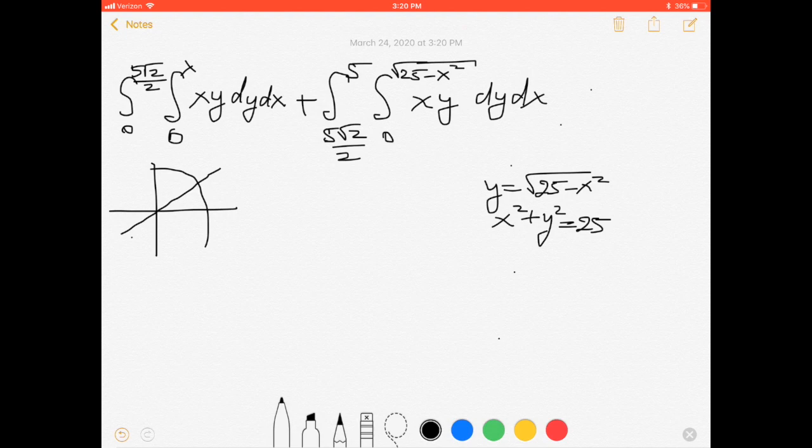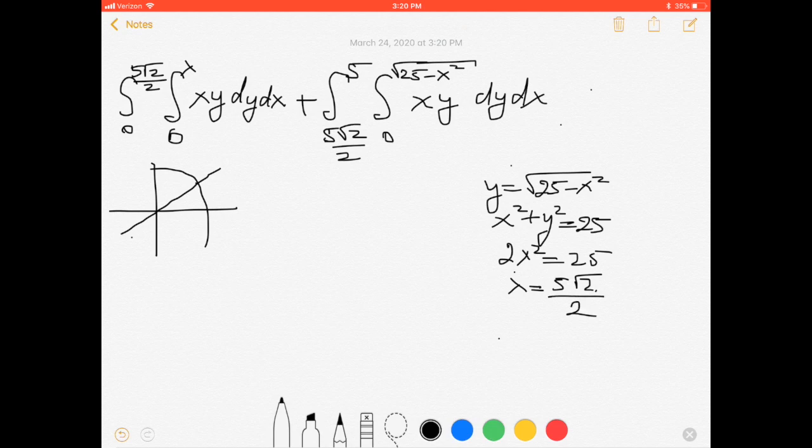Now let's see the intersection point. At the intersection point, x and y are equal, this means 2x squared equals 25, and x will be 5 divided by square root of 2, or 5 square root of 2 divided by 2.